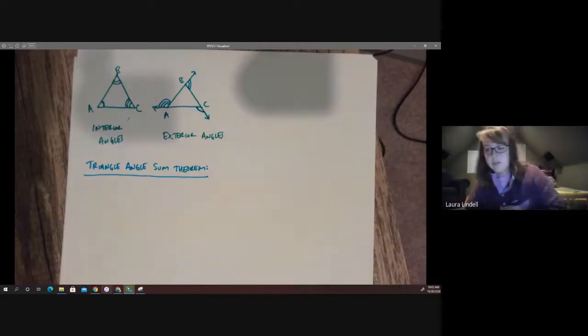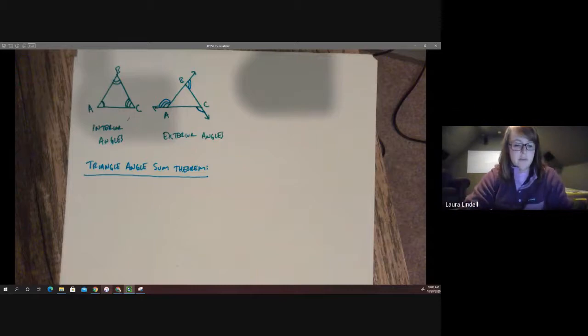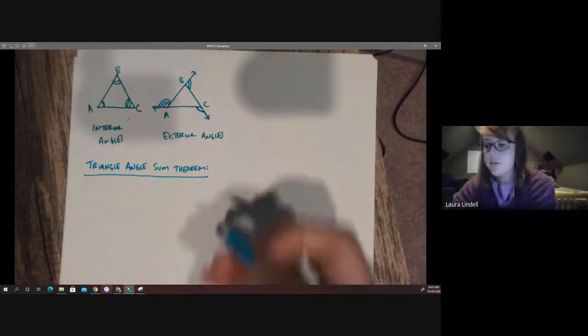The triangle angle sum theorem says that the sum of the interior angles of any triangle is always equal to 180 degrees.